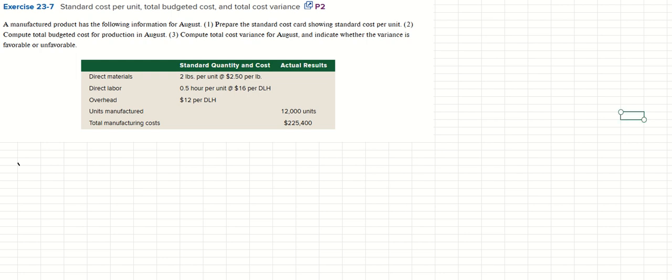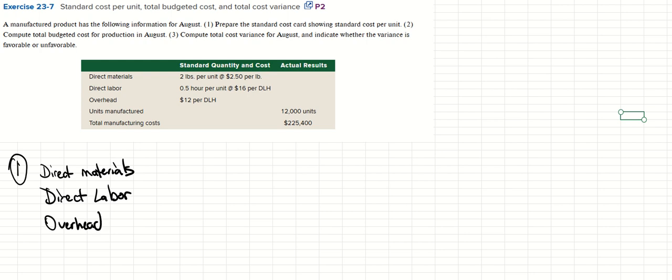So for number 1, I'm going to go ahead and set up the standard cost card by bringing in direct materials, direct labor, and overhead. So everything that you see here on this chart for direct materials, direct labor, and overhead, I'm just going to bring it all the way down to this standard cost card that needs to be prepared.